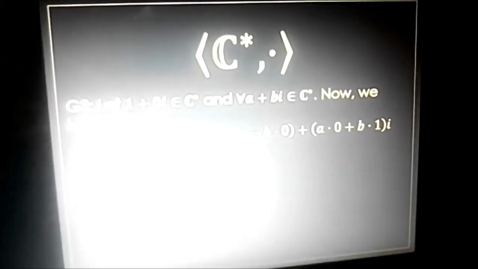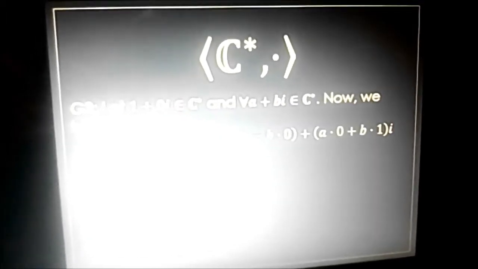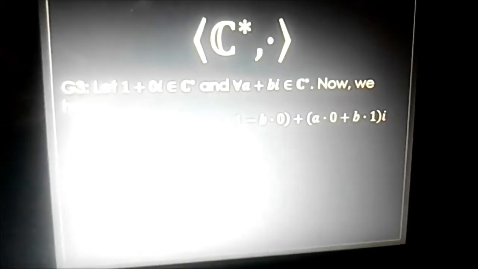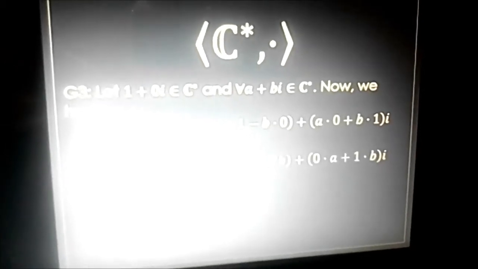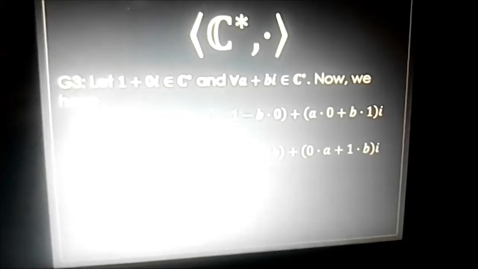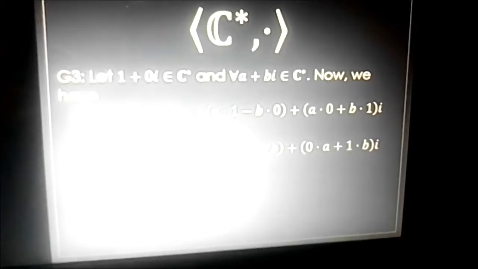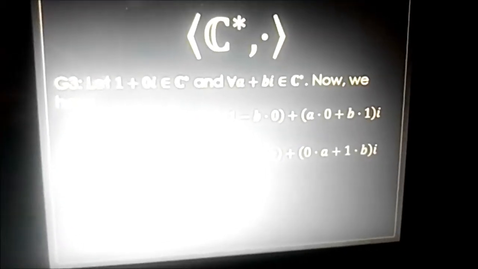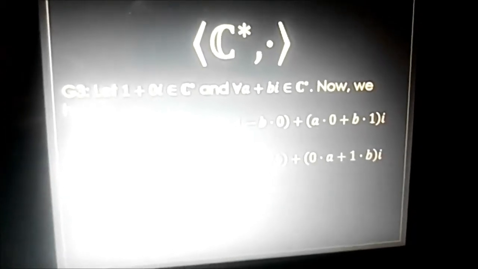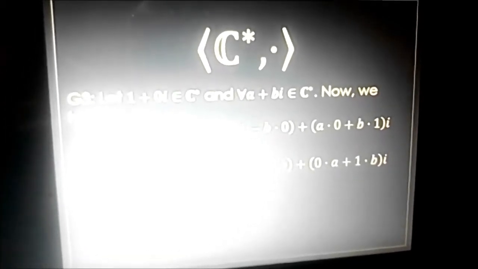So we factor out i, which is a complex number. It is just equivalent to a + bi, since b times 0 is equal to 0 and a times 0 is equal to 0. It is similar also if we have (1 + 0i) multiplied by (a + bi). So it is equal to 1 multiplied by a minus 0 multiplied by b, so that is 0bi squared.